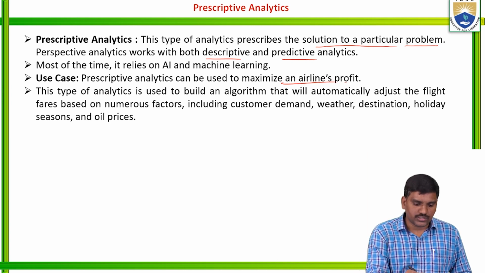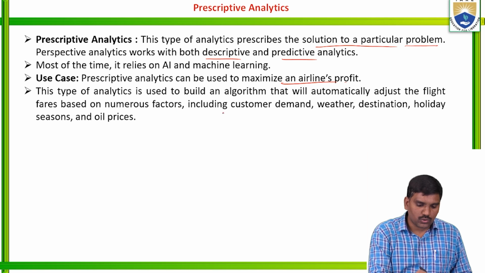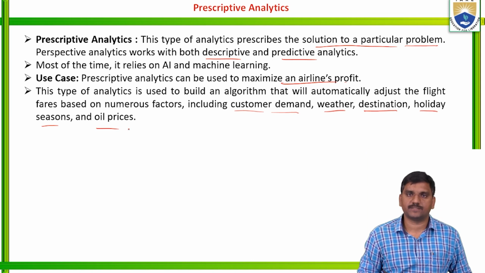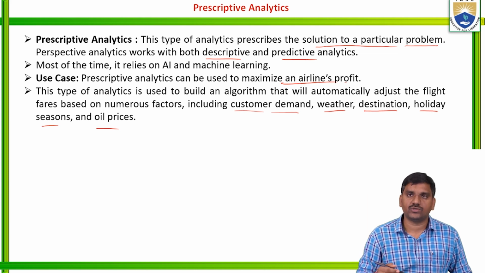This type of analytics is used to build an algorithm that will automatically adjust flight fares based on numerous factors, including customer demand, weather report, destination path, holiday seasons, and oil prices. So this is the fourth type of big data analytics, prescriptive analytics, the combination of both descriptive and predictive analytics.